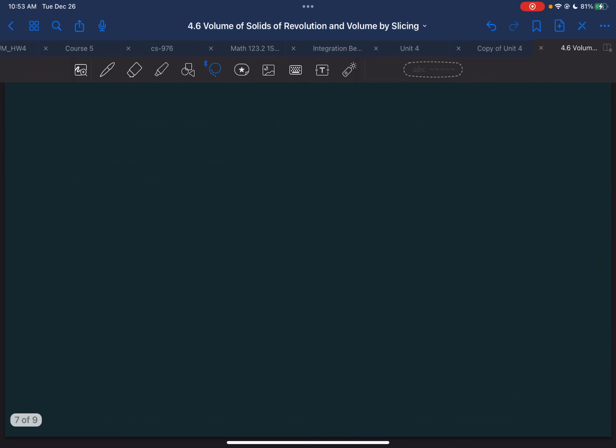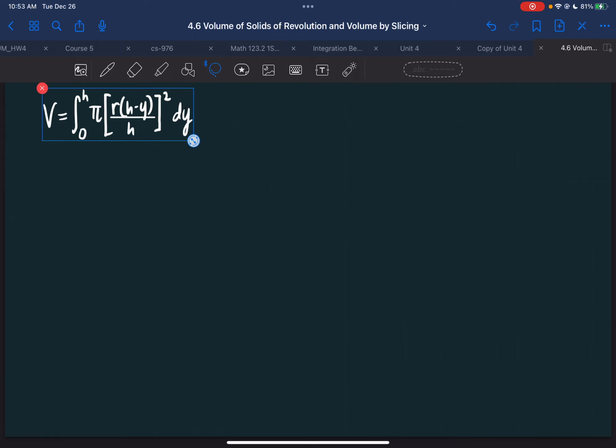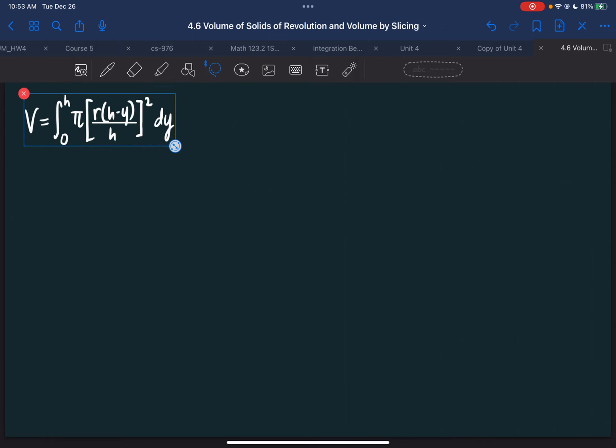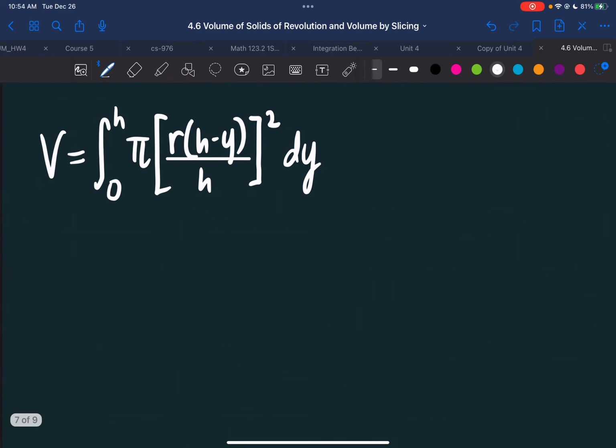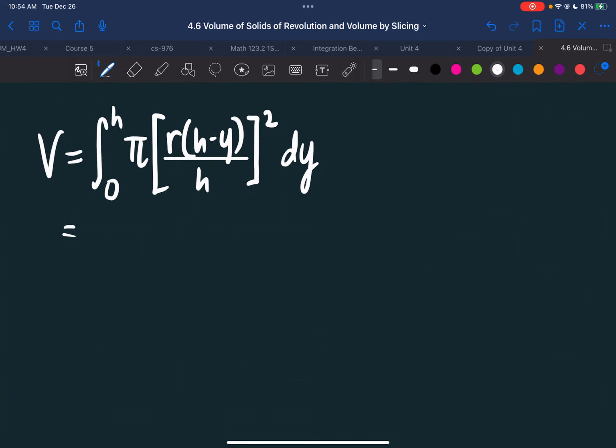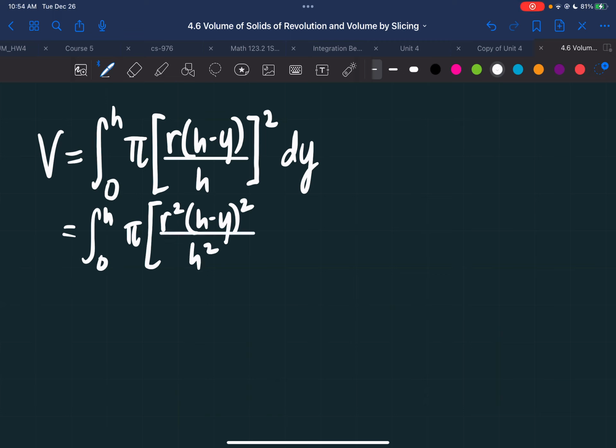What we have here is V equals pi times r times h minus y all over h raised to 2 dy. Note that we can distribute this square into each factor right here. So we will get integral from 0 to h of pi times r squared times h minus y squared all over h squared dy.